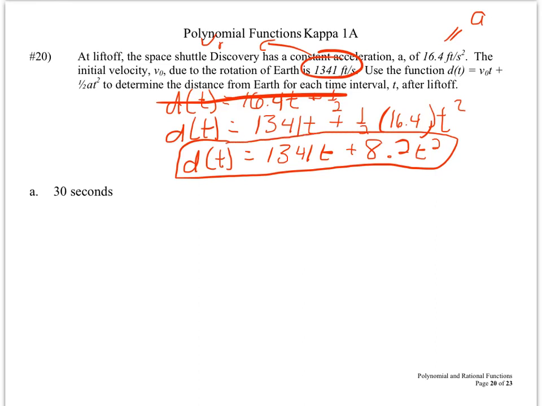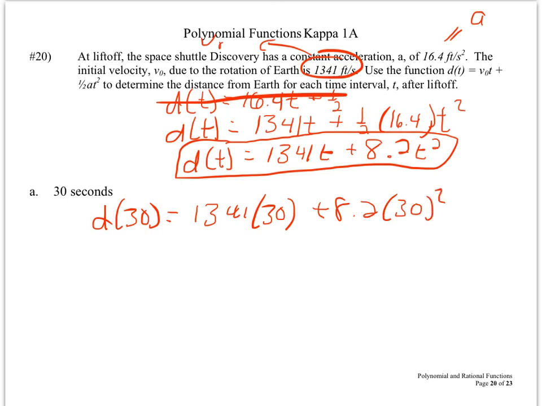Some of the variables we could replace with numbers. 30 seconds. Notice that it says that each of these things are in seconds. It says 16.4 feet per second, 1341 feet per second. So when you put these times in, they have to be in seconds. So A, we have d of 30 equals 1341 times 30 plus 8.2 times 30 squared.